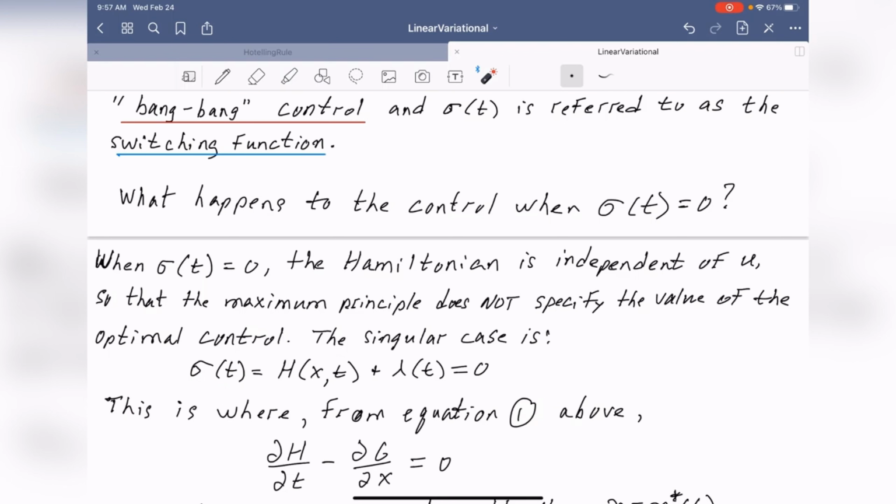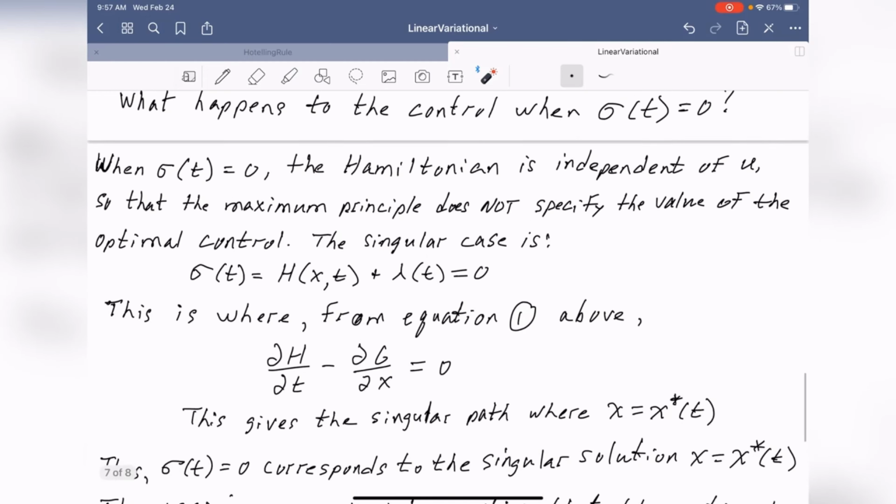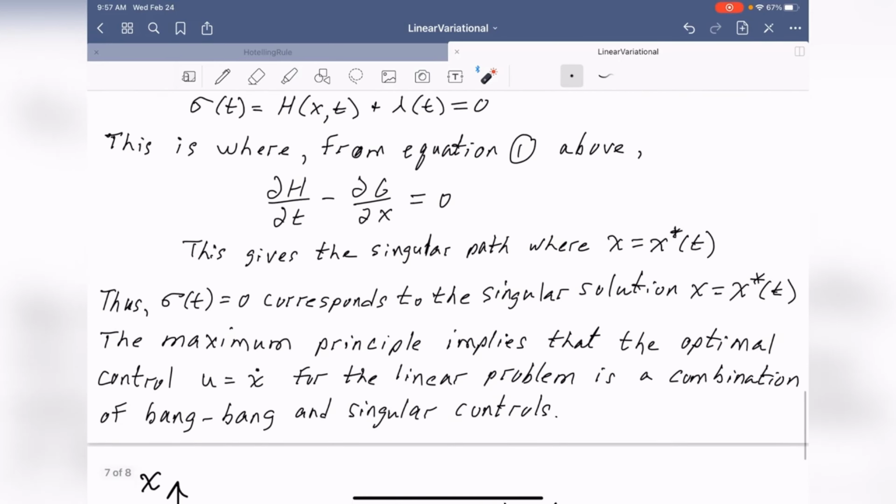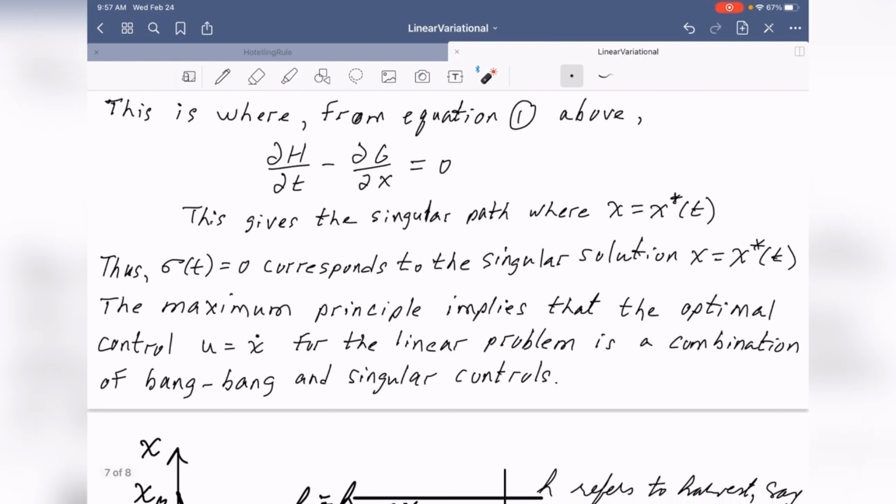Now that's very familiar because it's very much the same as equation 1 above, where we argued that the partial of h with respect to x is equal to the partial of g with respect to x, as giving the optimal path. So this gives the singular path where x equals x star t. So therefore, sigma t equals 0 corresponds to the singular solution x equals x star t.